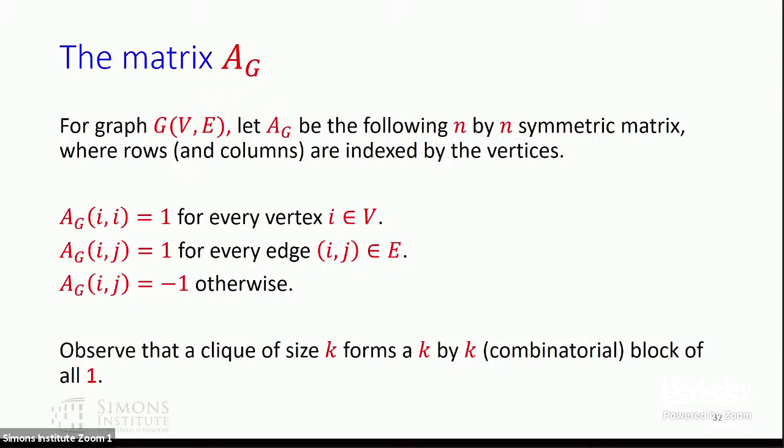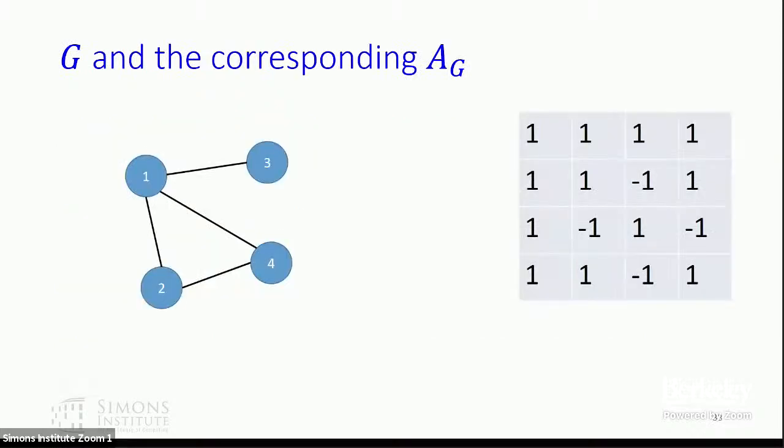So let me show it in a picture. Let's say this is our graph, a very simple graph with 4 vertices. And this is the matrix that we construct. The diagonal is all 1s. Whenever there's an edge, let's say between vertex 1 and 2, the second entry in the first row is 1. And when there's no edge, let's say between vertex 3 and 4, the fourth entry in the third row is -1.